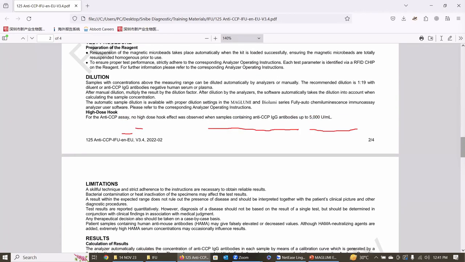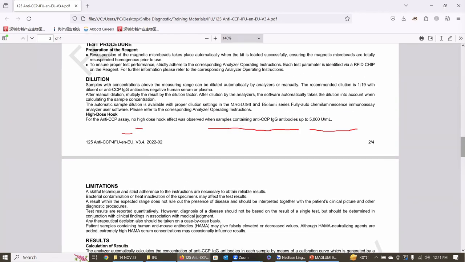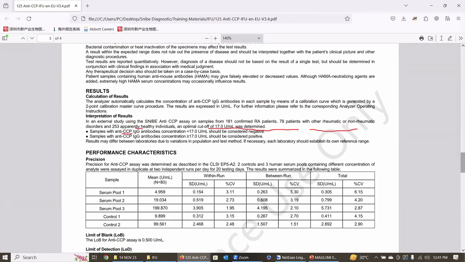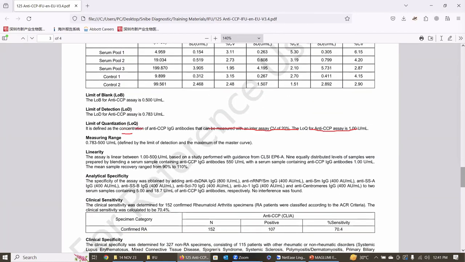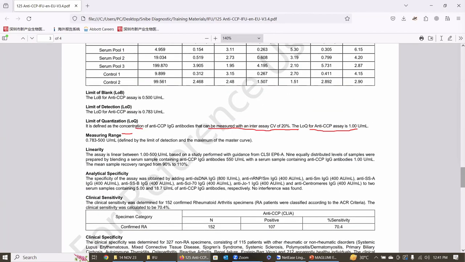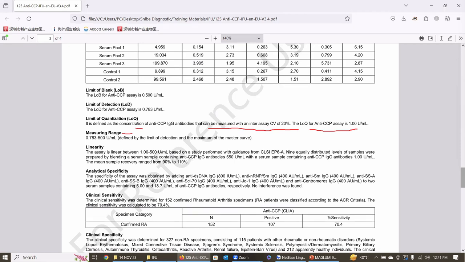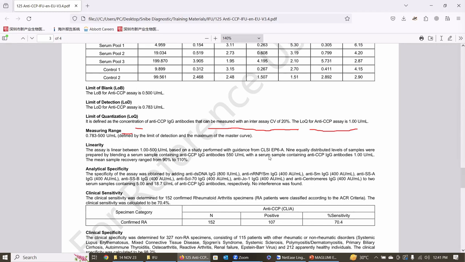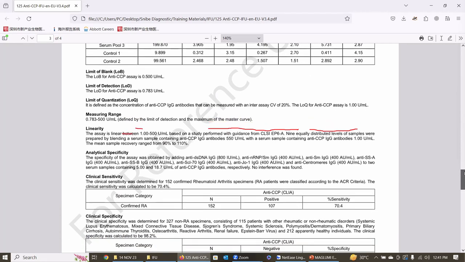Here there is a unit of up to 5,000 U per ml. Its limit of blank, limit of detection, and limit of quantitation are also in U per ml. Only assay linearity is according to the CLSI EP6-A guidelines.